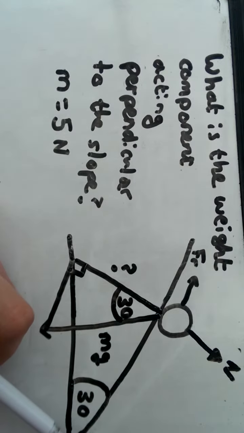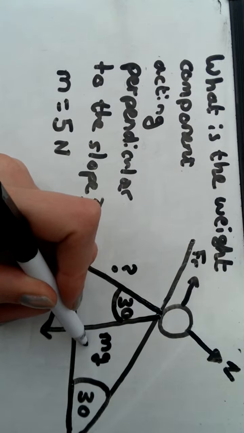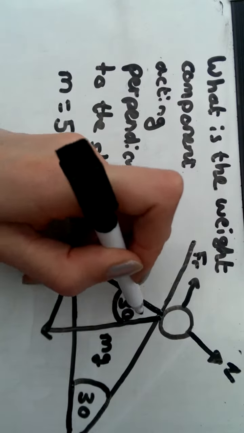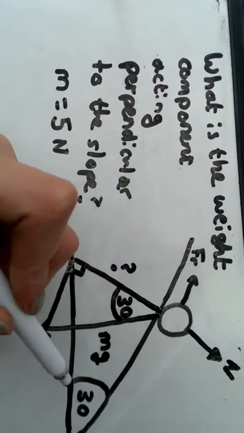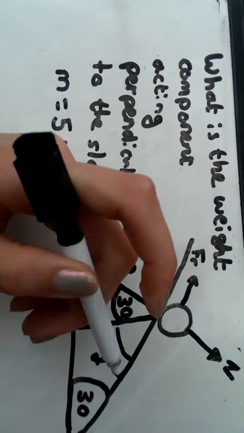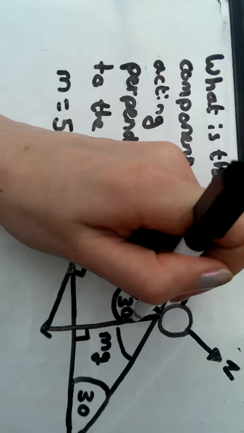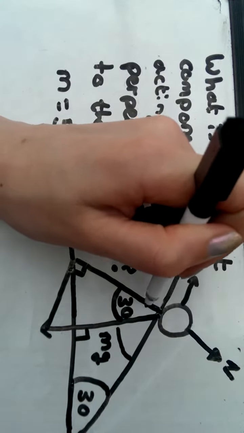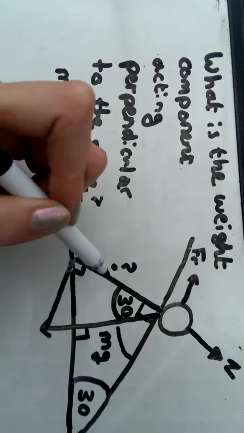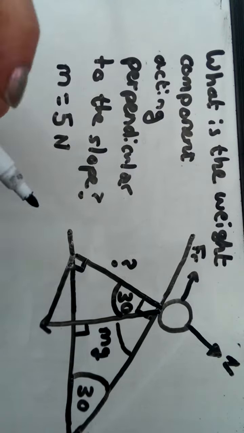This makes a 90-degree angle, and this is a 90-degree angle, so that would be 60 to make all the angles within here add up to 180, as you then have another 90-degree angle here. That means that this angle is going to be 30. This is just some simple geometry.